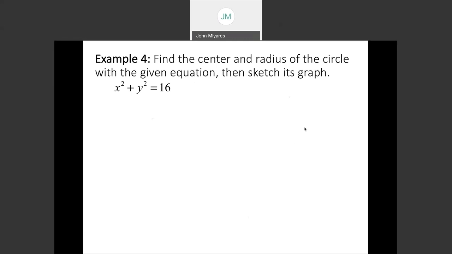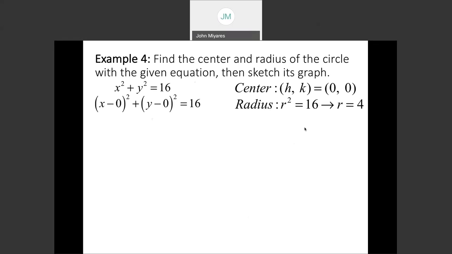Based on this, we're going to conclude that the center is 0, 0, because I can think of this as (x minus 0) squared and (y minus 0) squared. The radius is going to be the square root of the r squared value on the right side of the equation. So the square root of 16 is 4. And so the radius of the circle is going to be 4.